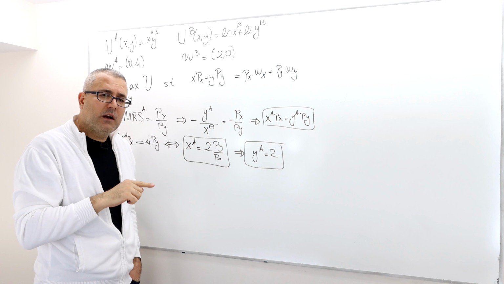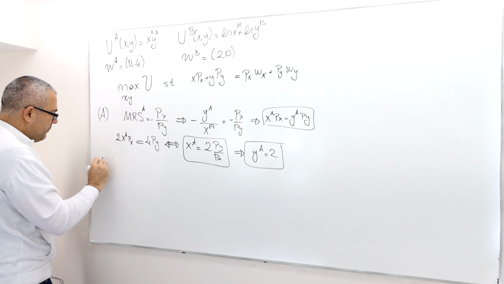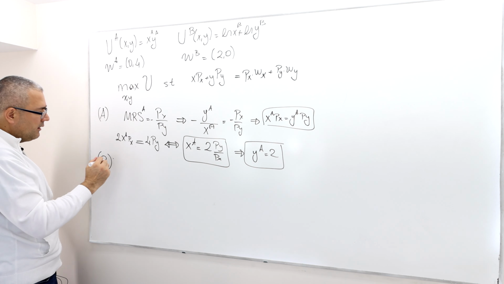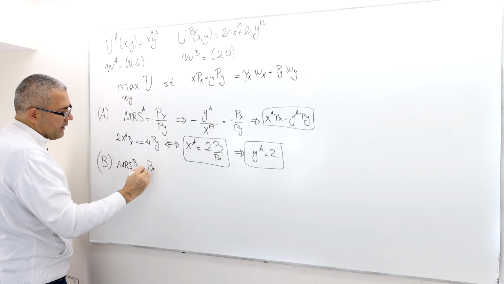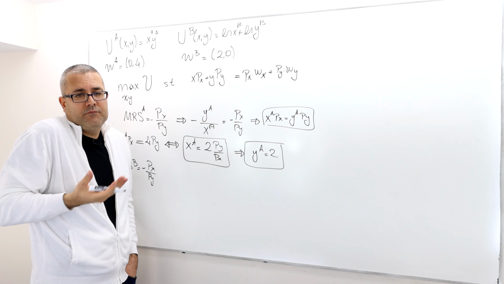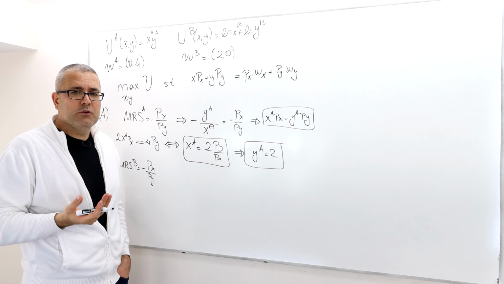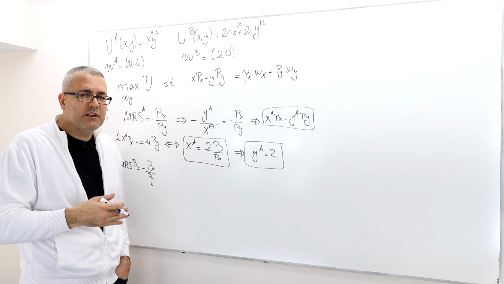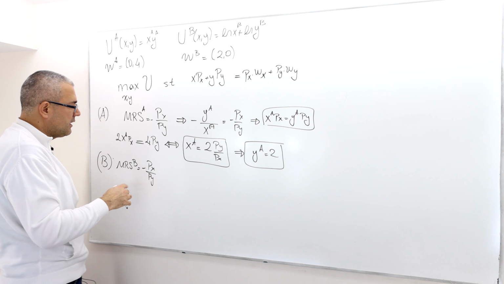But to find the market demand, I also need to find the optimal demand for agent B. Well, the marginal rate of substitution for agent B is again equal to the price ratio. Remember, this is the assumption for general equilibrium or Walrasian equilibrium: everybody is a price taker. They take the price as given, so the prices do not change for agents.